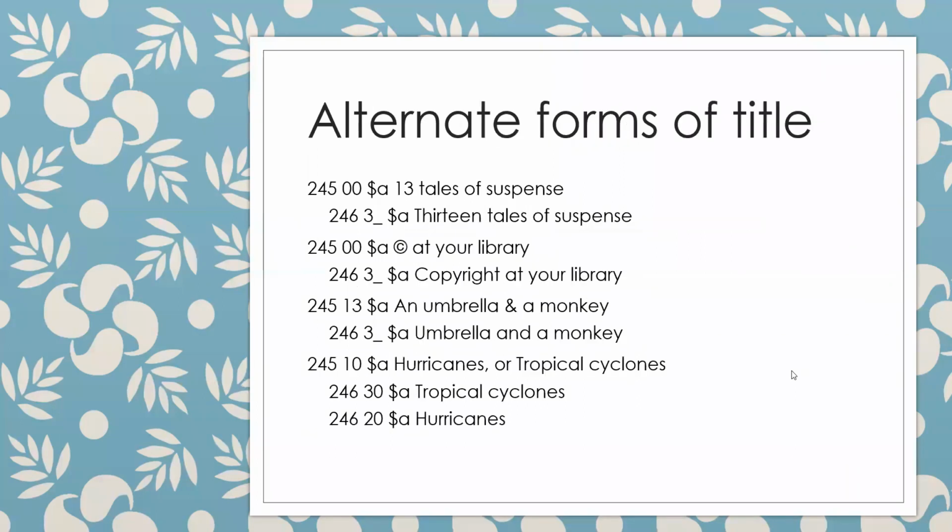Okay, so let's move on to alternate forms of title. Providing alternate forms of the title will improve accessibility for your patrons. For titles that contain an alternate title, such as Hurricanes, or Tropical Cyclones, give a 246 field for the alternate title, Tropical Cyclones, and also for the portion of the title proper that precedes the word or, which in this case is Hurricanes, when this portion consists of less than 5 words.